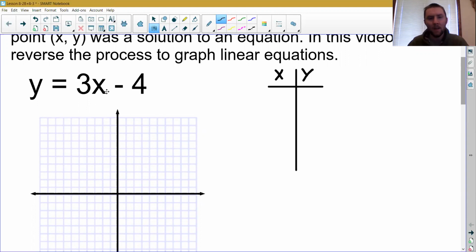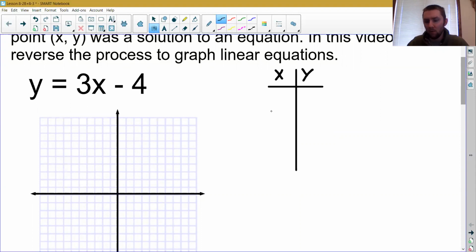The nice thing about doing that is we can simply choose any x value that we want and then find the corresponding y value for that x value, and that will create one of our coordinate points. So I'm going to organize these in this table of values here, listing out x values and y values, and each one of these rows is going to make a coordinate point for me.